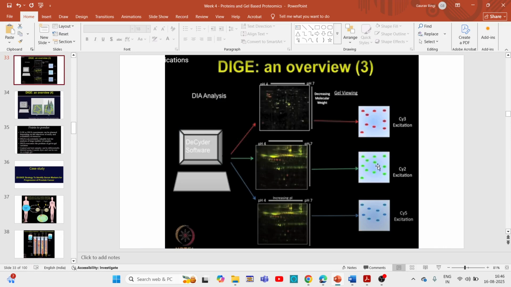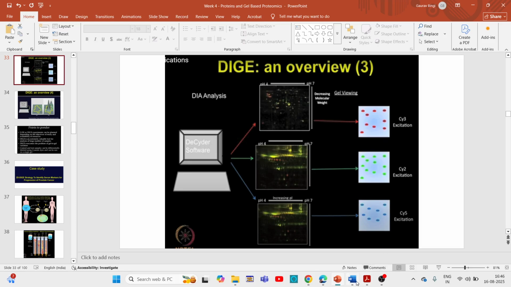So for this protein, as we can see, this one protein is labeled with Cy5 dye, with Cy2 dye as well as with Cy3 dye. So all three will be overlapped with each other. So you need to do co-detection basically, and then you can create a boundary around it. Boundary in the sense that you will mark this particular zone as a protein in all three samples.